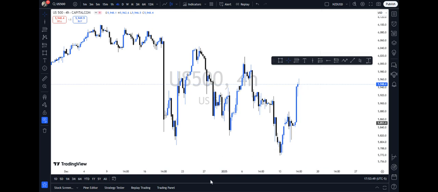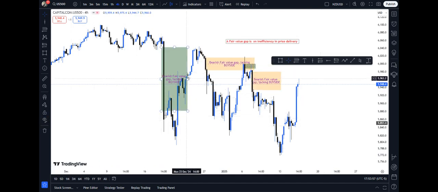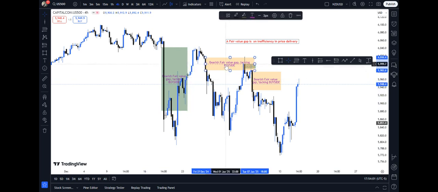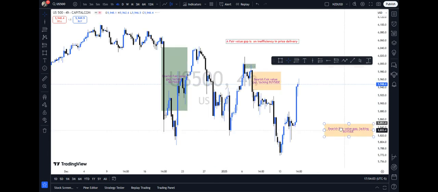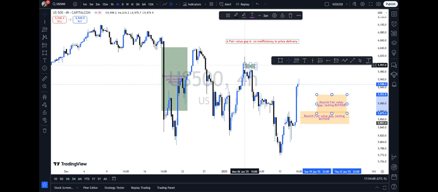Let me show what a typical fair value gap looks like. A typical example of a fair value gap is this. I'm taking it in order to make it very easy for us.